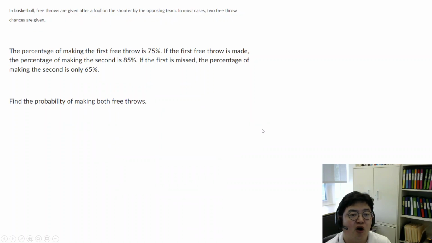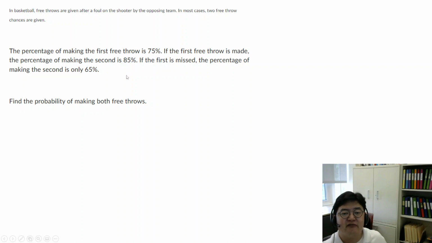So another question with the same structure, free throw question. So usually in basketball, 2 free throws are given to a shooting foul, and I'll assume that the percentage of making the first free throw is 75%, and if the first one is made, then the probability of making the second one is higher, 85%.